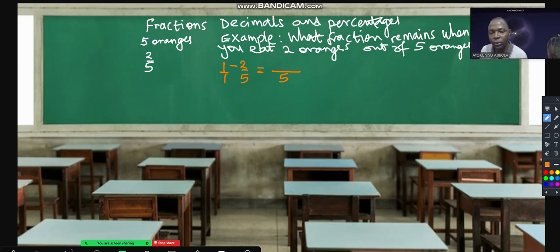Why did I pick 5? Because 5 is a multiple of 1. Let's assume this is not 1 but 2. You cannot pick 5 because 5 is not a multiple of 2, but you look for the next multiple of 5, which is 10. Fortunately, it's a multiple of 2, then you pick 10 in this place.